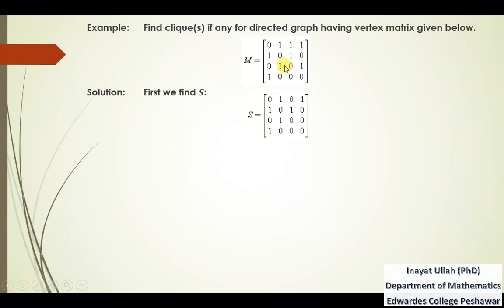These two are the same, 1, so this entry in S will be equal to 1. Similarly here this is 0, so that will automatically be 0. Search for only ones. Just look at this one: this entry is in the third row and second column, so that is M32. So try to search M23.